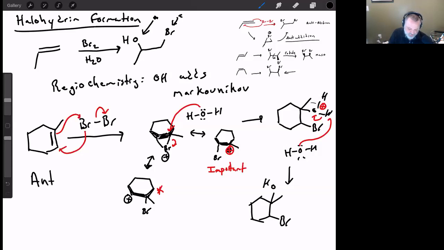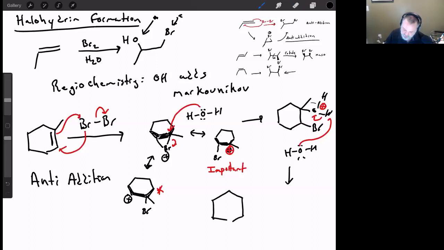So properly, when I show the product, I should show it like this, and say I also have the enantiomer. So you get both versions of the molecule.